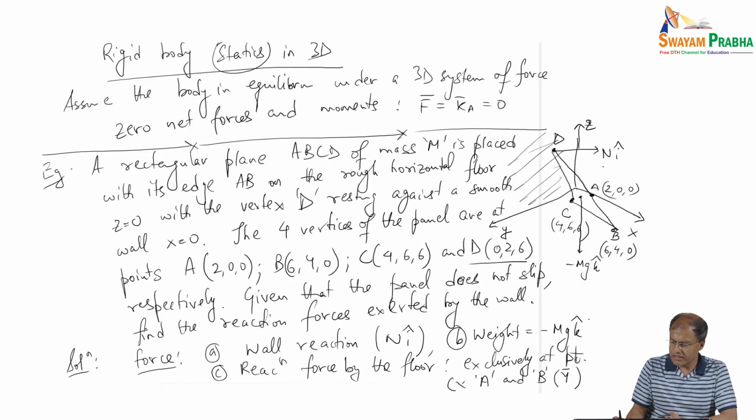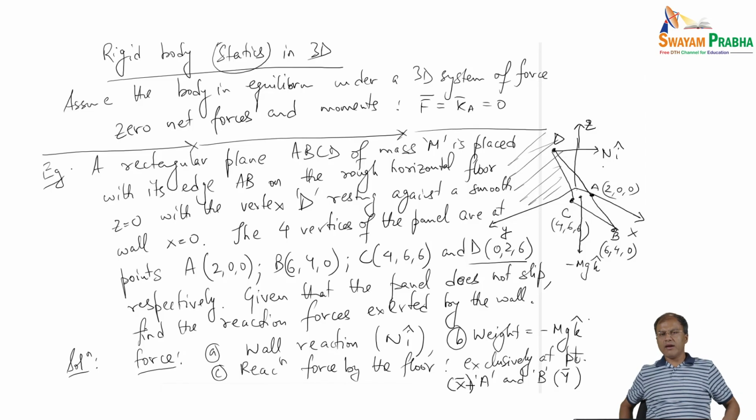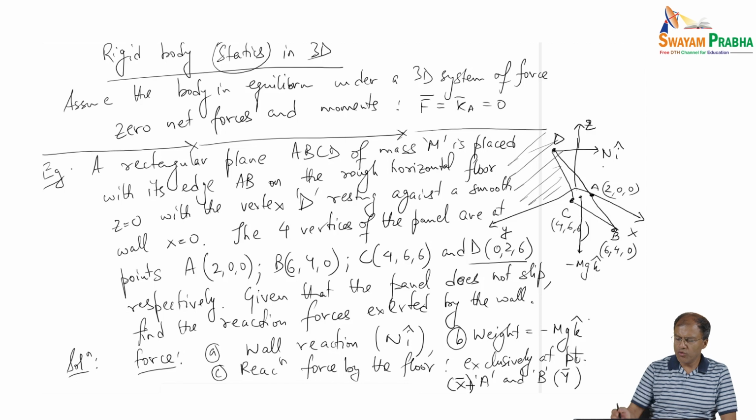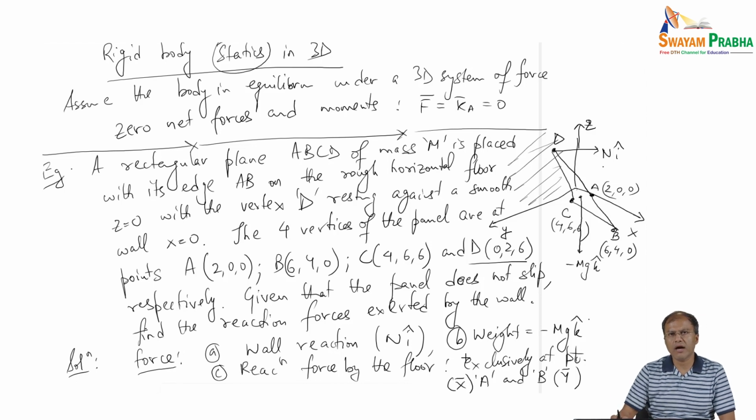Let me call these reaction forces X bar and Y bar. So we have three forces and three unknowns, N, X and Y. We are assuming that the reaction forces by the floor are exclusively at the points A and B. We can certainly assume that.